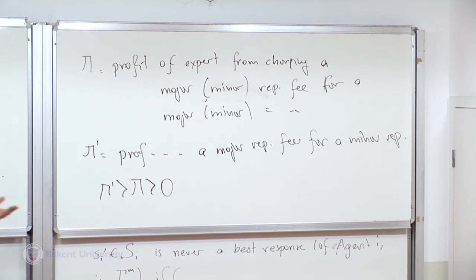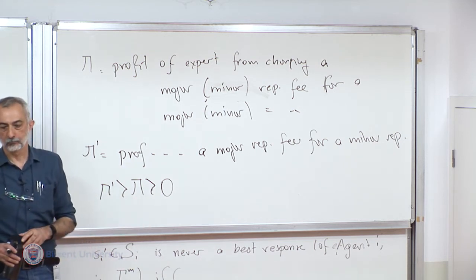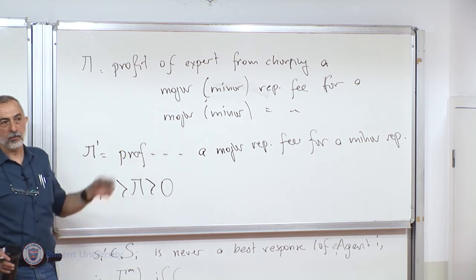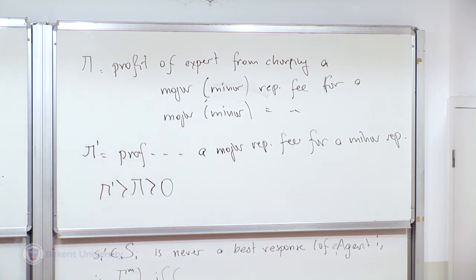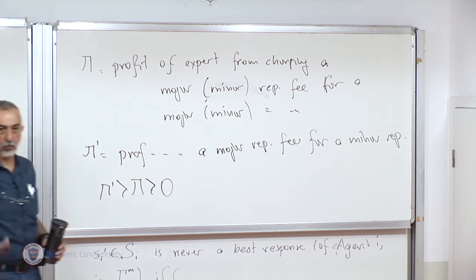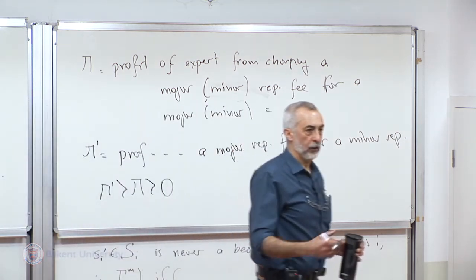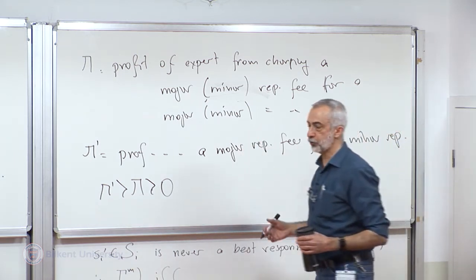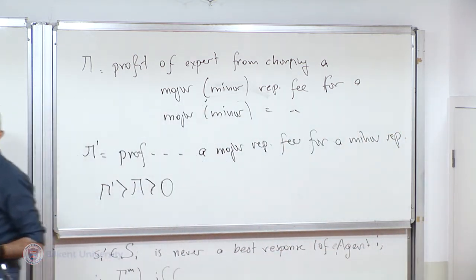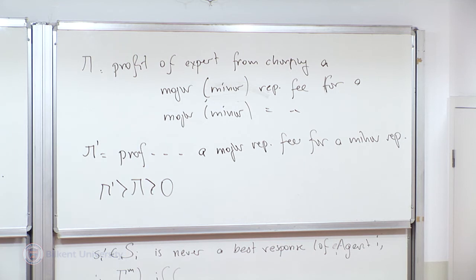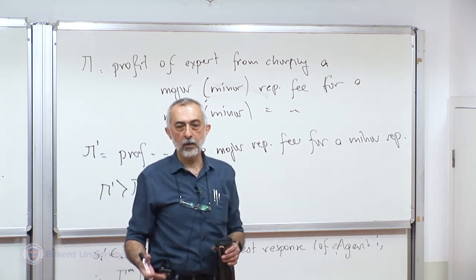Well, as a consumer, you can accept the offer and pay E or I, depending on what the expert charges you, or reject the offer and look for an outside option. Take it to another shop, work on it yourself. Okay?